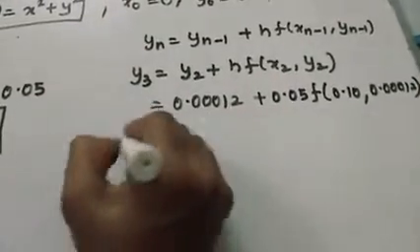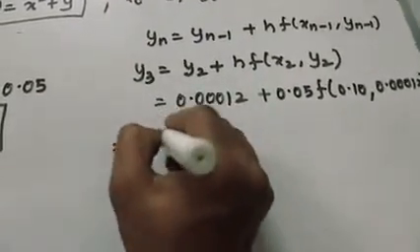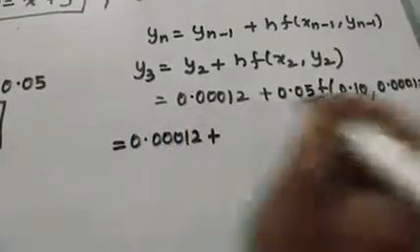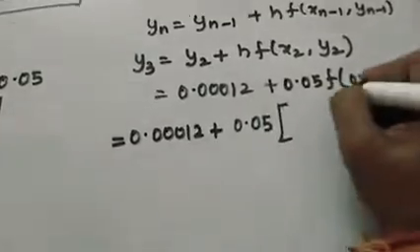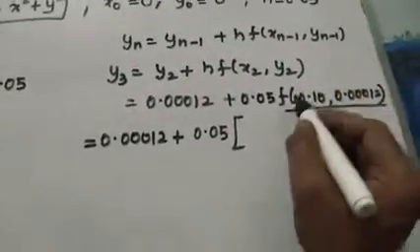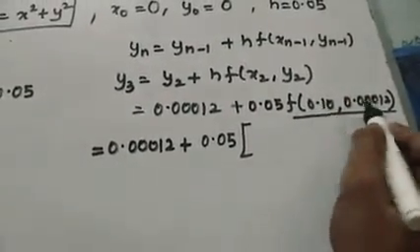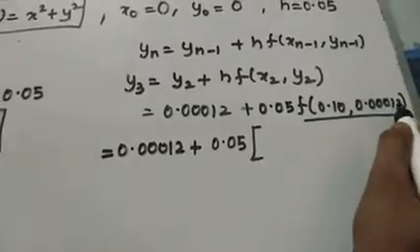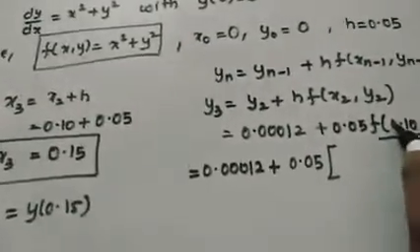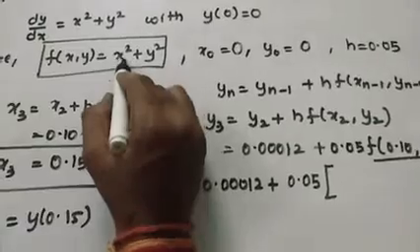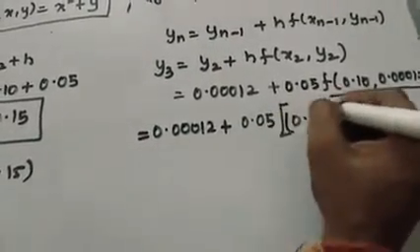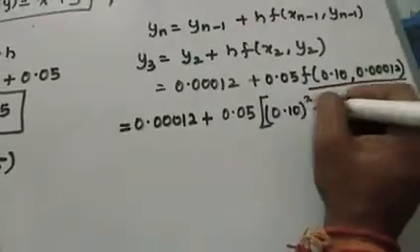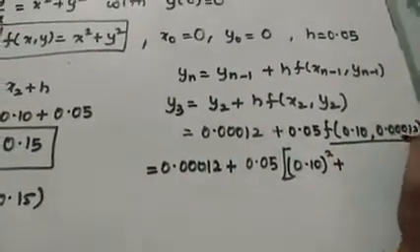Okay, so after that, 0.00012 plus 0.05. Now this function f of 0.10 and 0.0012. Now what is x here? 0.10. That means putting here 0.10 whole square plus, now what was the y?